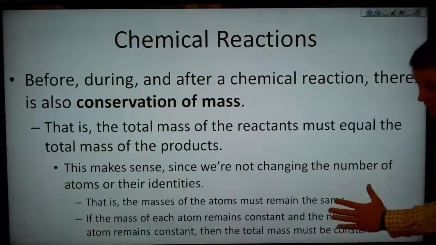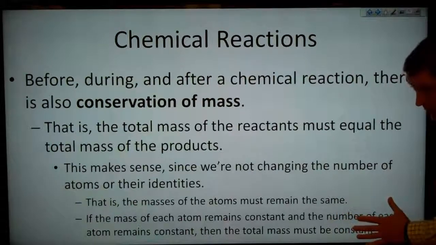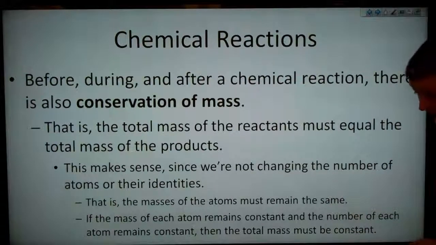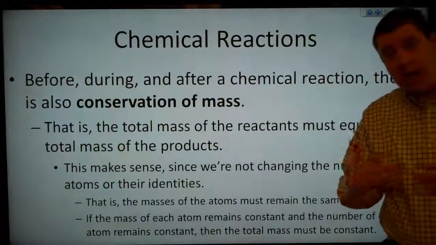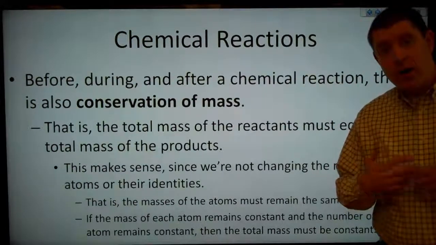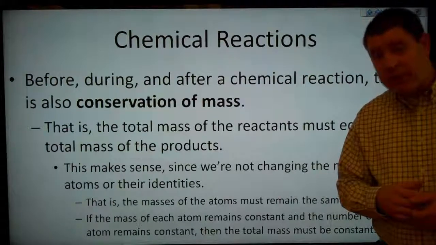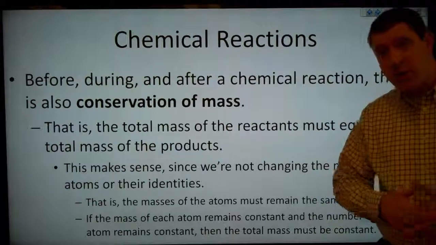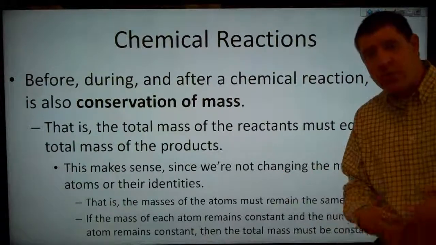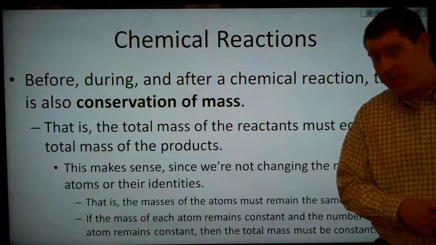That is, the masses of the atoms must remain the same, and if the mass of each atom remains constant and the number of each atom remains constant, then the total mass must be constant. So all we're doing here is rearranging where the atoms are, where the atoms have their bonds. But we're not changing the masses of the atoms, we're not changing the identities of the atoms, so the total mass that we had before has to be the same as the total mass after.